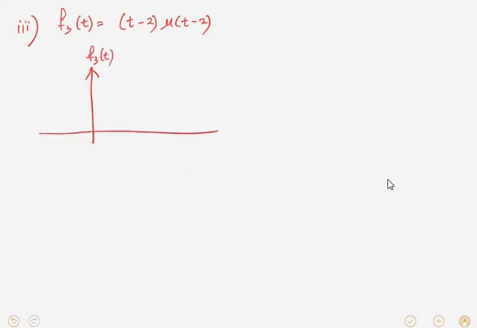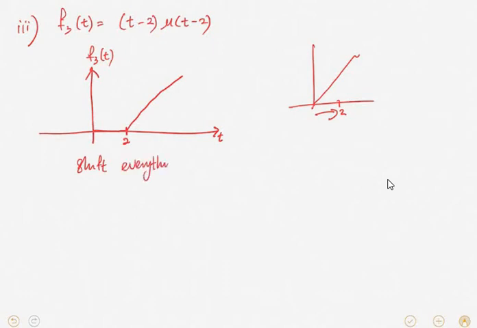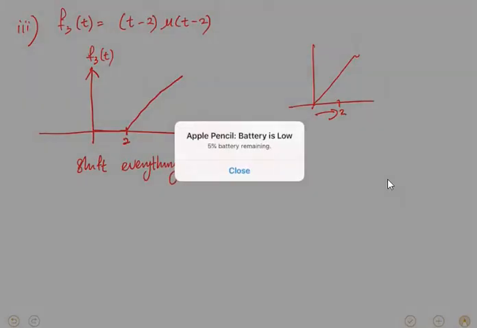Initially f(t) is here, so you shift everything 2 units to the right, starting from here.